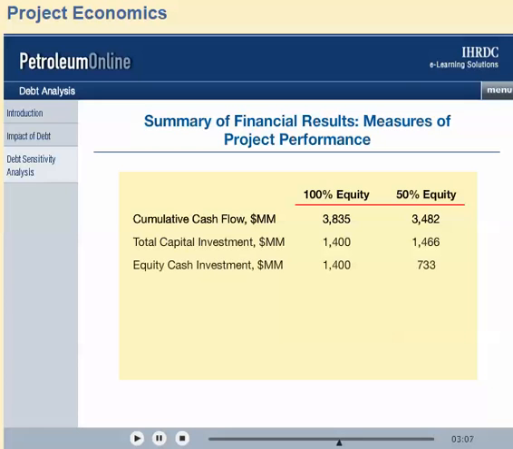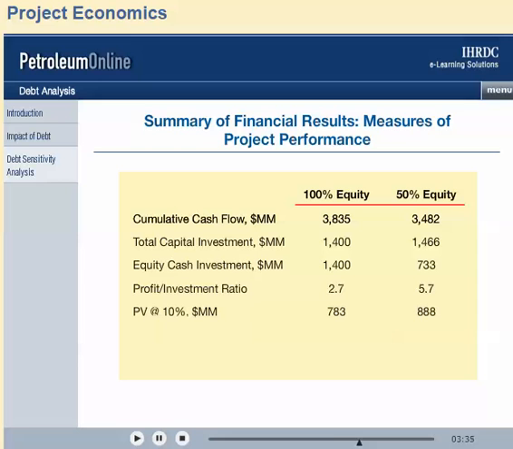The equity investment for the leverage case is a little over 1/2 of the $1.4 billion that is needed for the 100% equity case. For every dollar invested in the project, we estimate that we receive $2.7 for the 100% equity case and $5.7 for the leverage case. So in the latter case, we get more cash flow for every equity dollar invested.